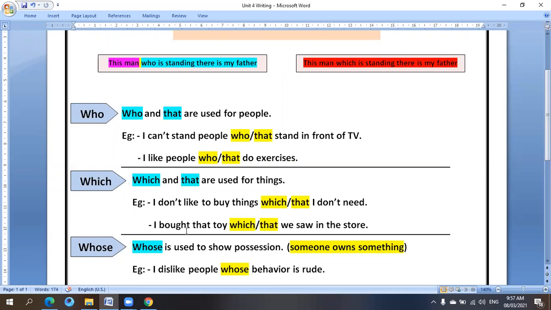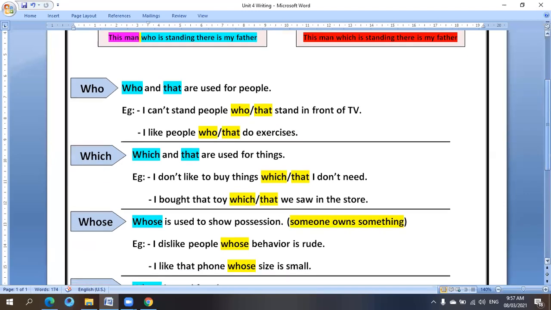I bought that toy that I saw in the store, or which we saw in the store. So which and that are used for things. Like these two examples. Okay? That's it.